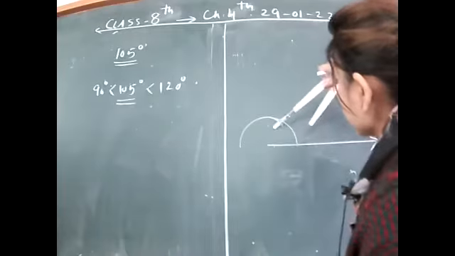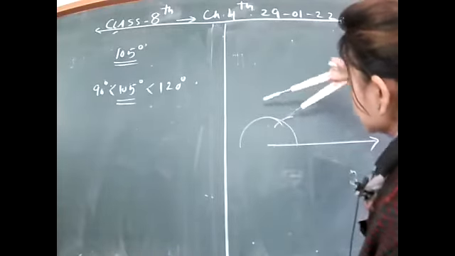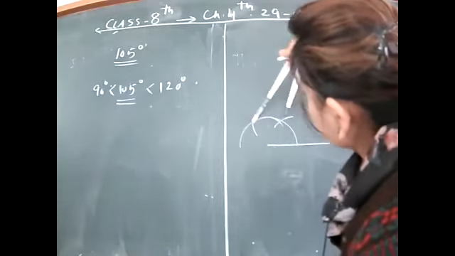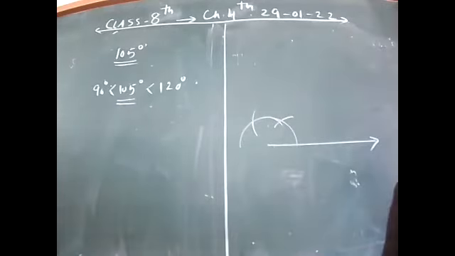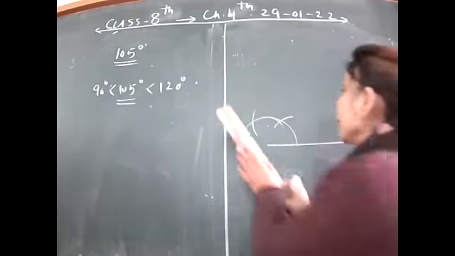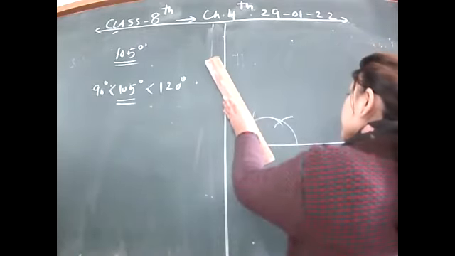This is 60. This is 120. चलिए पहले 120, you make it dotted, you need it.